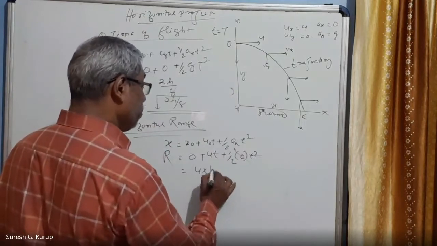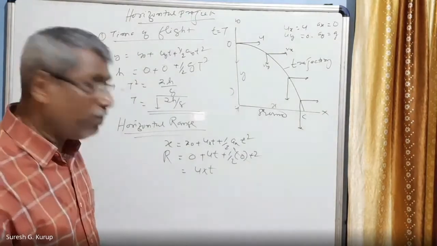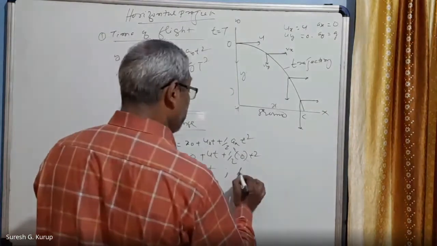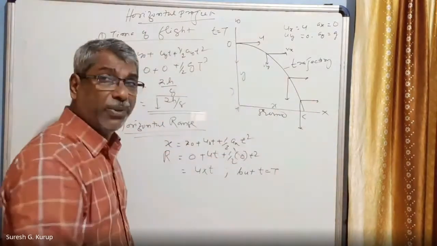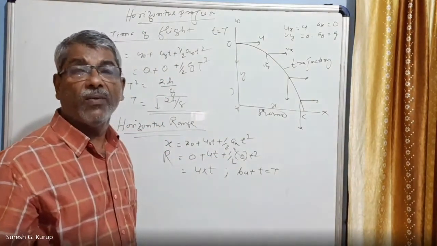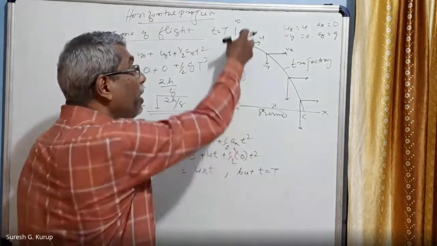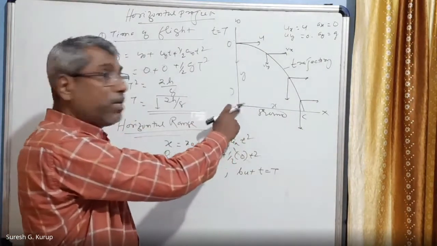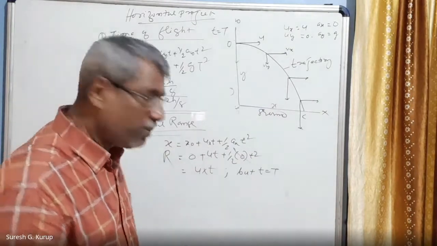R is equal to u into small t. But small t is equal to capital T, the whole time. That means after the total flight, the time taken is equal to capital T. In that time, the body comes down this much vertical distance and also goes this much horizontal distance. Time is the same for both. Am I correct?